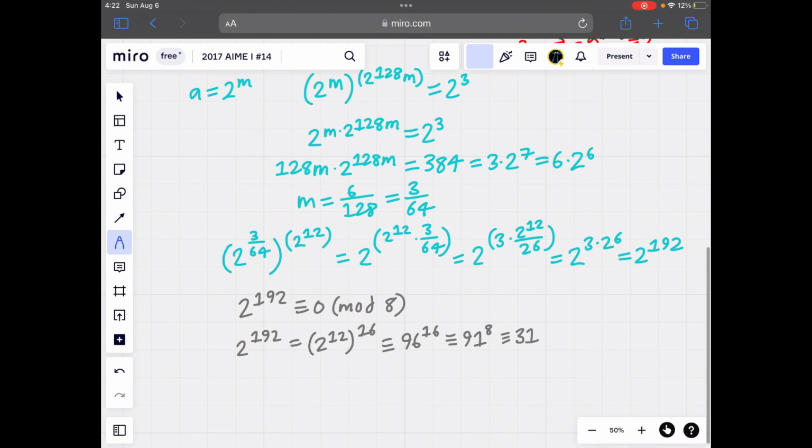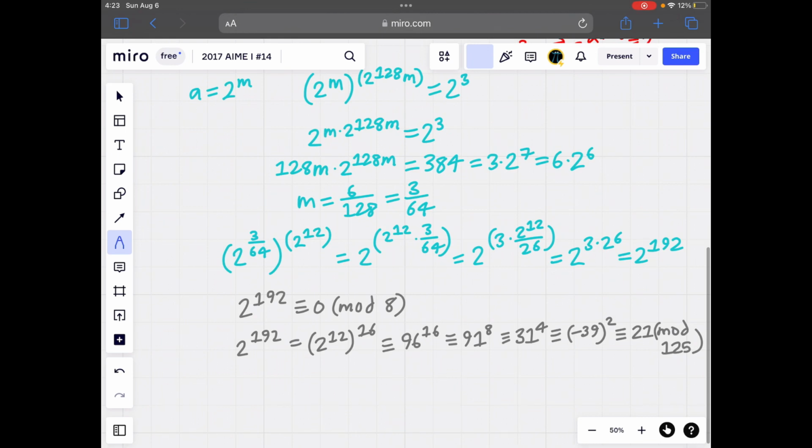So that's 31 to the 4th. And 31 squared is 961, which is congruent to minus 39, or 86, whichever one. I'll just use minus 39 mod 125. And minus 39 squared is the same as 39 squared, which is 1521. And that's congruent to 21 mod 125.